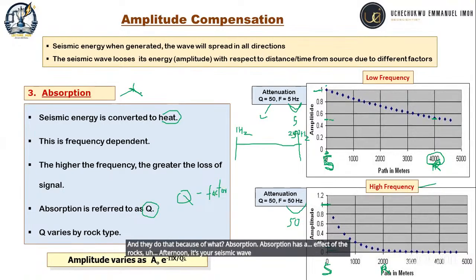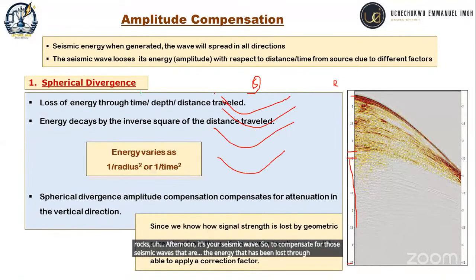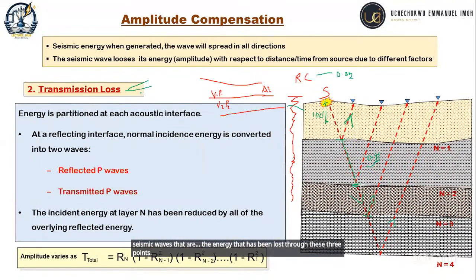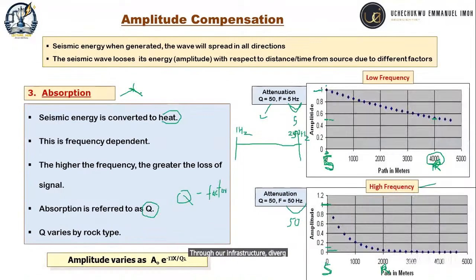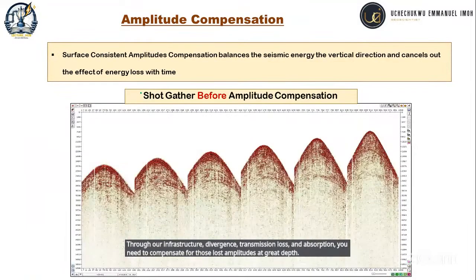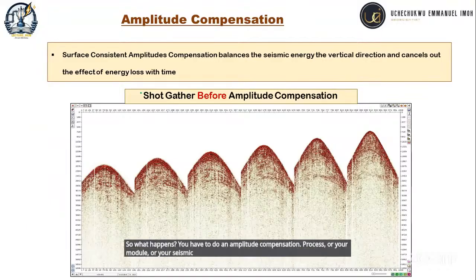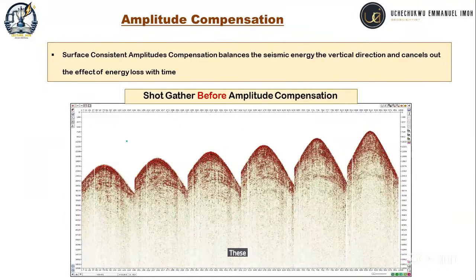So to compensate for the energy that has been lost through these 3 points, spherical divergence, transmission loss, and absorption, you need to compensate for the lost amplitude at great depth. So what happens? You do an amplitude compensation process on your seismic data. For instance, this is your shot gather after you have attenuated noise from the data.